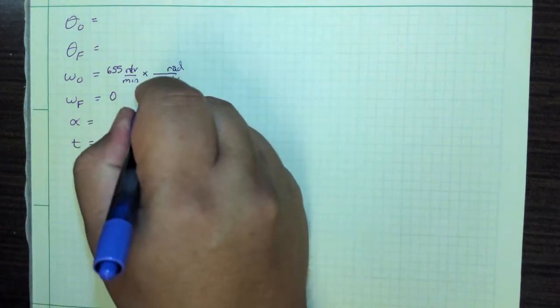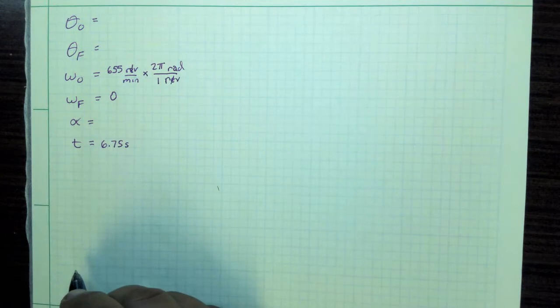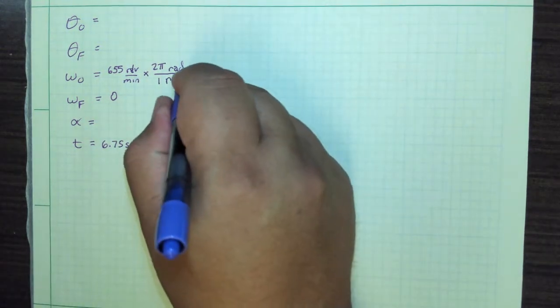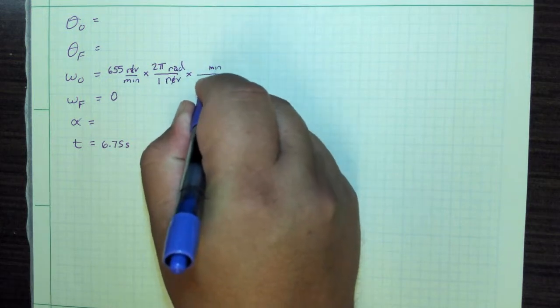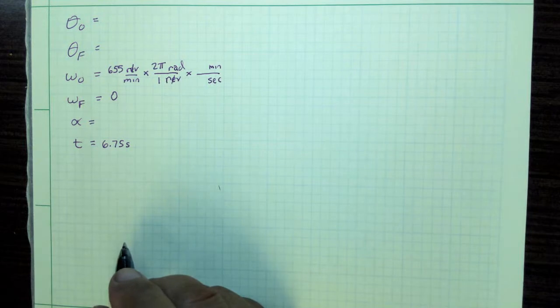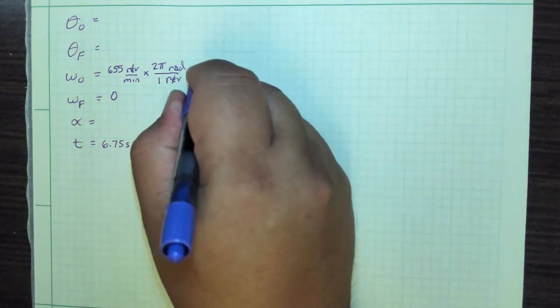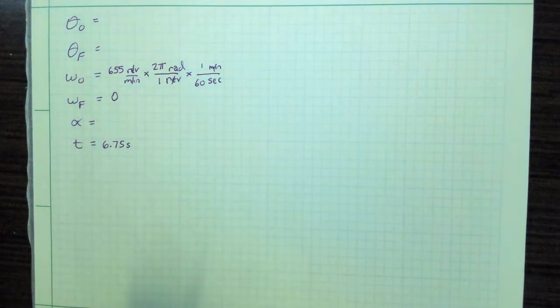We put that on the top. For 1 revolution has 2 pi radians. We're not quite done yet because we have to get rid of minutes and replace it with seconds. And 1 minute has 60 seconds, so the minutes cancel.